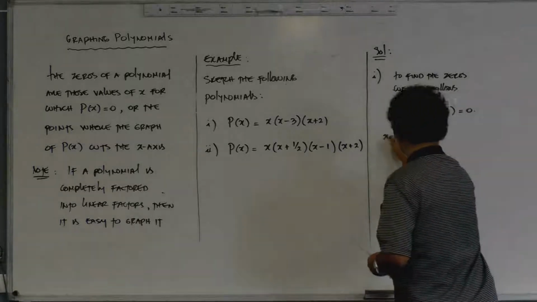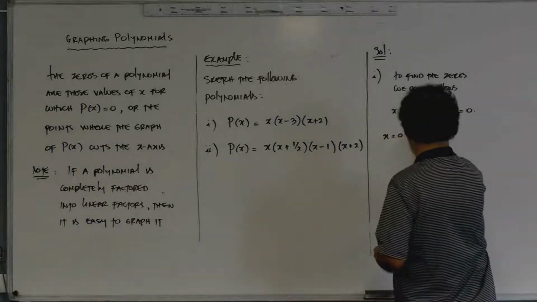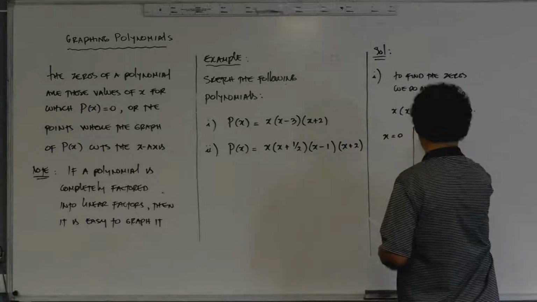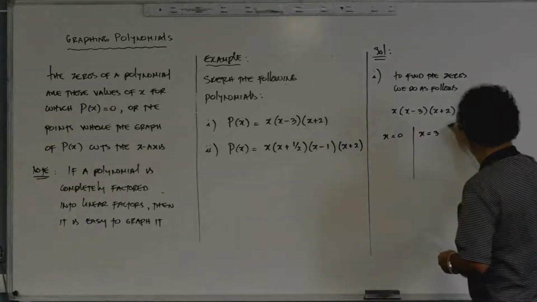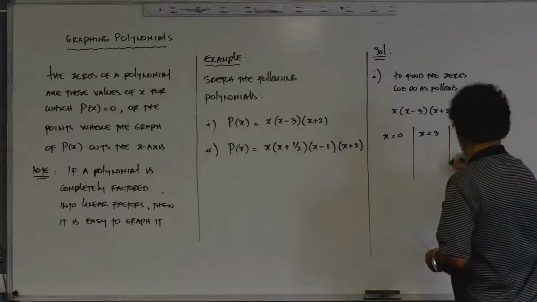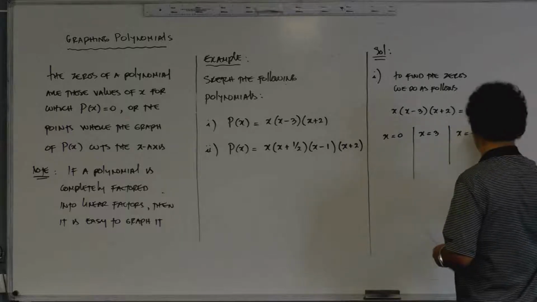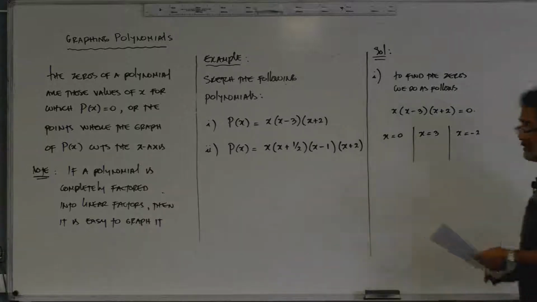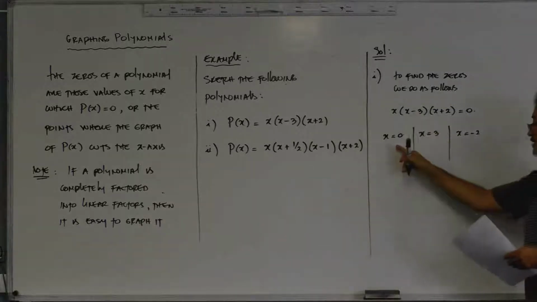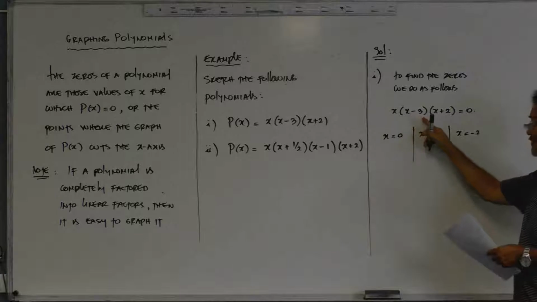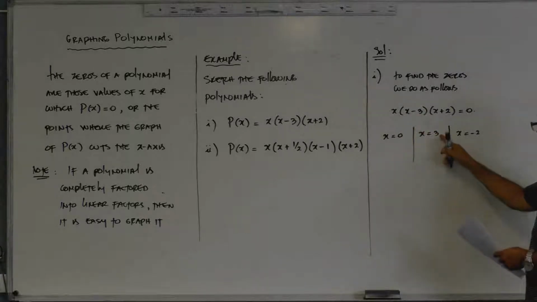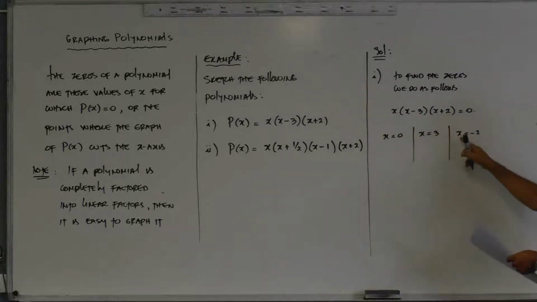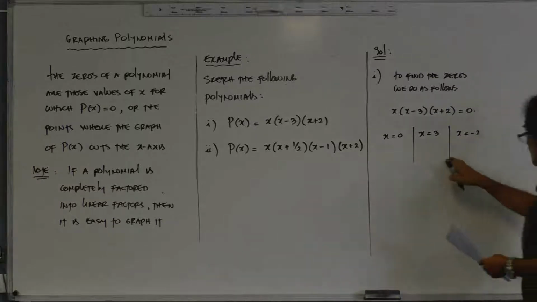So we're going to say x equals 0, then x equal to 3, and then x is equal to minus 2. So you do x equals 0, and then you say x minus 3 equals 0, so therefore x equals 3. x plus 2 equals 0, so therefore x equals negative 2. Okay, and then we are ready.